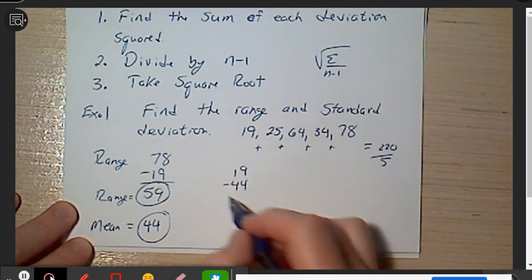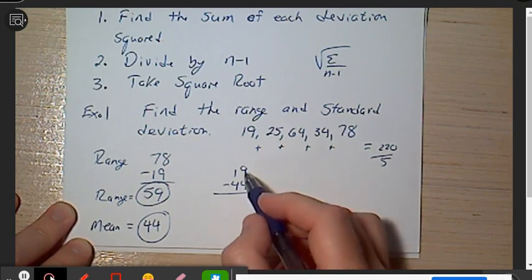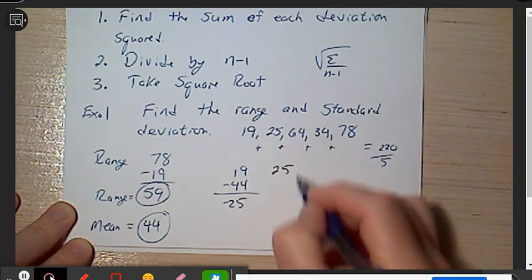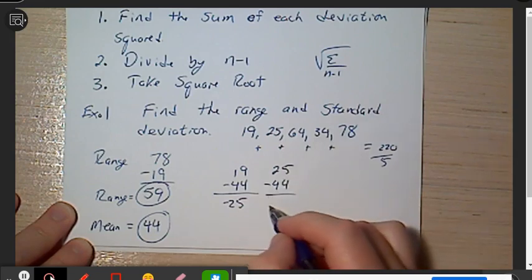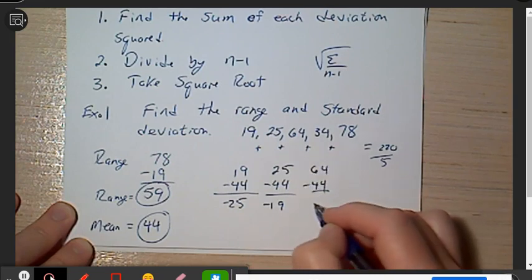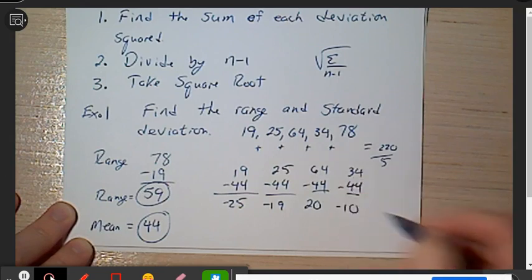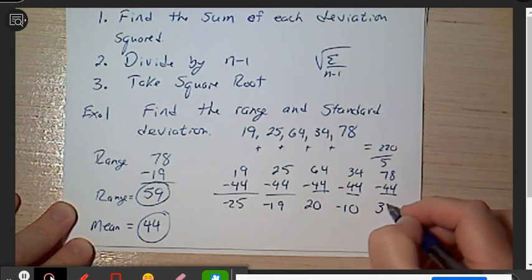We're going to take each score we got, and you almost have to do these by hand. 19 minus 44 is negative 25. 25 minus 44 is negative 19. 64 minus 44 is 20. 34 minus 44 is negative 10. And then 78 minus 44 is 34.